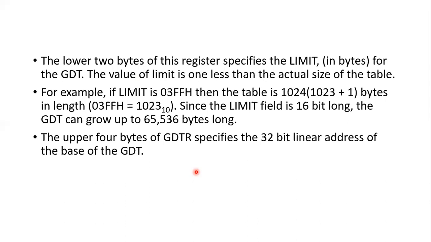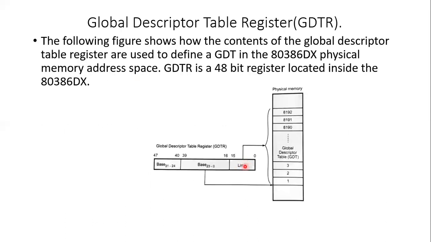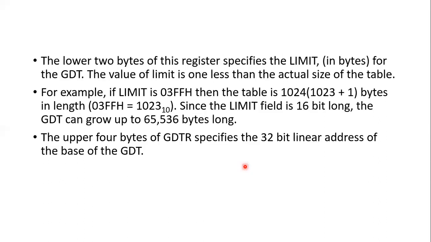The lower 2 bytes of this register specify the limit. This is the limit, in bytes, for the GDT. The value of the limit is 1 less than the actual size of the table. Suppose the actual size of the table is 10, so 1 less than the actual size means 9.